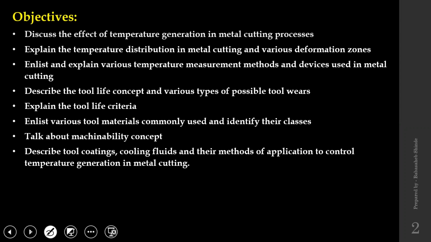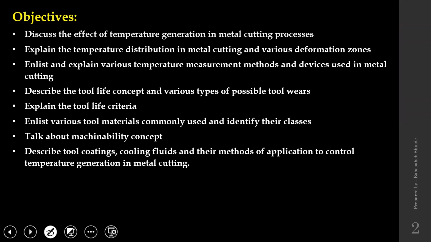So the first thing is we are going to discuss the effect of temperature generation in metal cutting. We know that whenever material is heated, it is expected to soften, and some expansion is also going to be there. So softening is there, expansion is there.